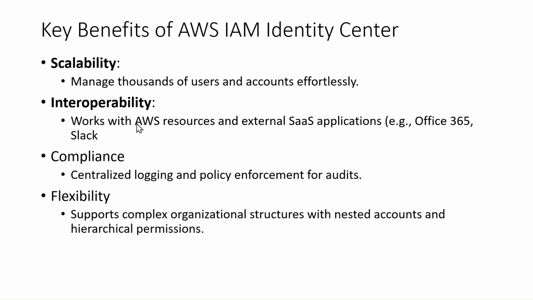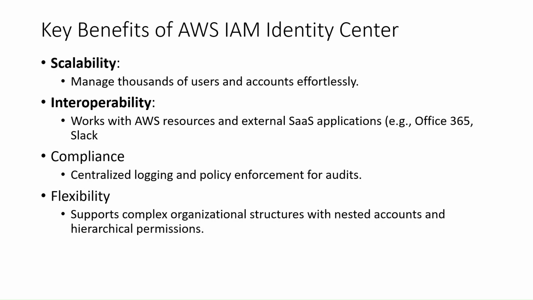Next is interoperability. It works with AWS resources as well as external SaaS-based software and applications, like MS 365, Slack, or Jira. Okay. Next is compliance: centralized login and policy enforcement for audits.